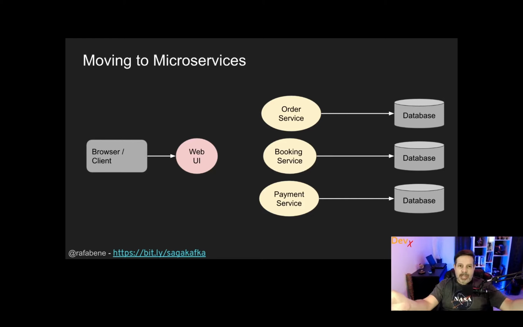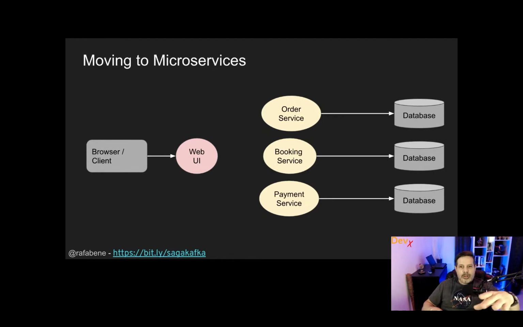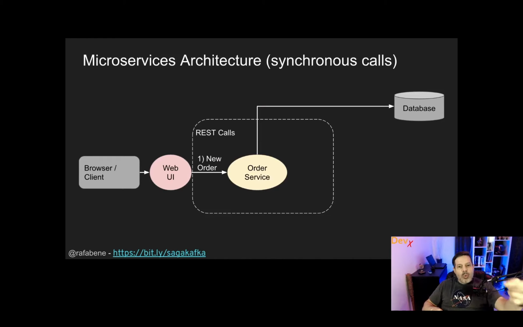But if each service has its own database, you will likely have one transaction per database. So suppose that you have an order service, a booking service, and a payment service. When you open a new order, this will involve a REST call to the order service, and that will create that order in a database.